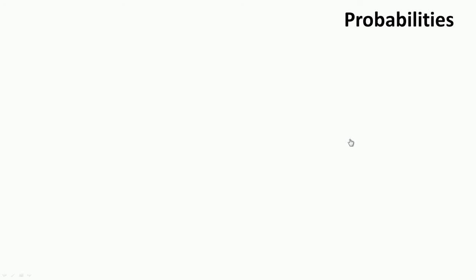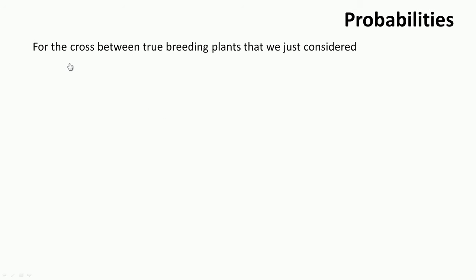Now, let us look at probabilities. As I said, if you look at it in terms of probabilities, if you are comfortable that way, then it becomes much easier to do the analysis. Let us look at the cross that we did just now in terms of probabilities.